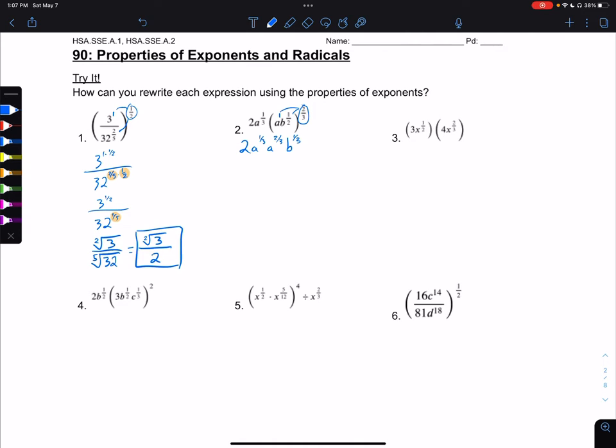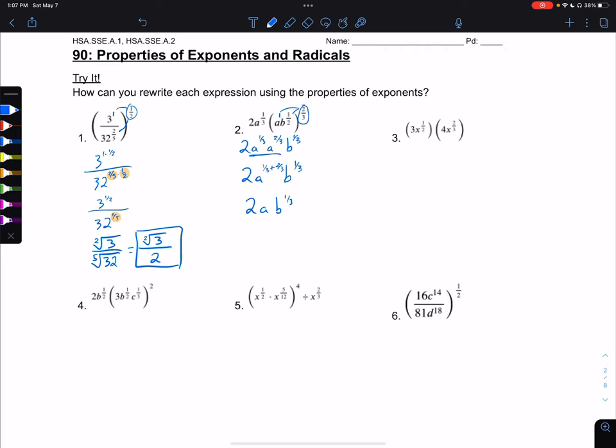From here, I'm going to combine my a values. So I have 2a. If you're multiplying the bases, you add the exponents. So 1/3 plus 2/3. The b term I can't do anything with, so I'll leave it alone. So we have 2. 1/3 plus 2/3 is 3/3. 3 over 3 reduces to 1, so we'll leave that alone.